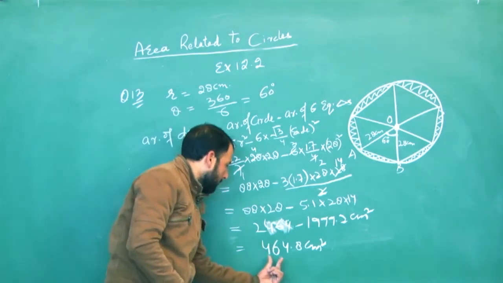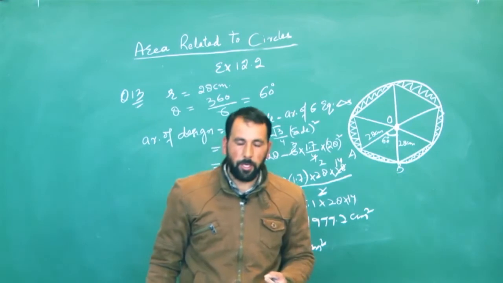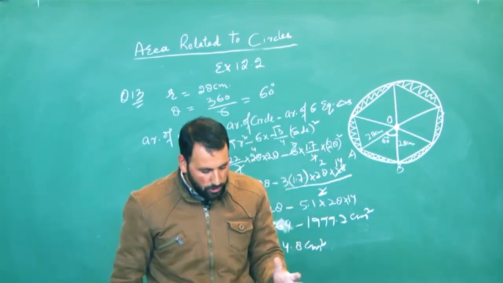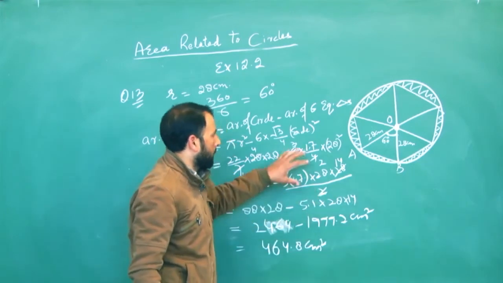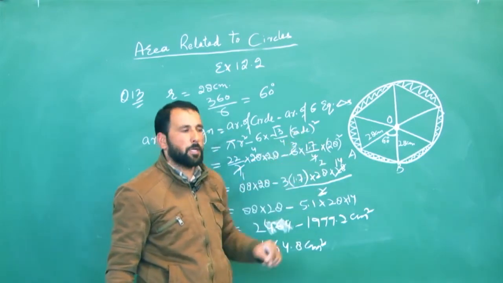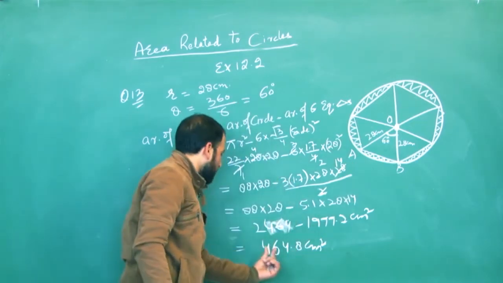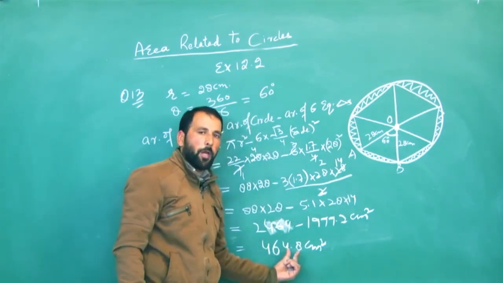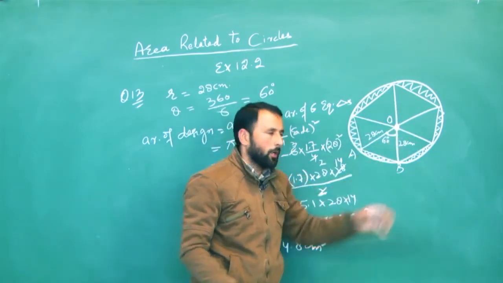So the area of a design is 464.8 square centimeter. Now, the second part of the question is, what is the cost of the design? If the cost of 1 square centimeter is rupees 0.35, we multiply 464.8 with 0.35, and we get the cost of this whole design.